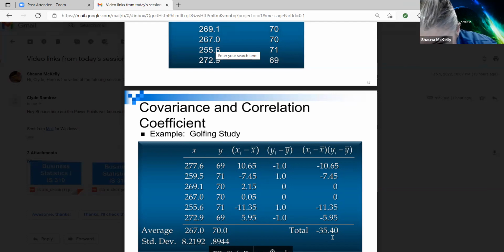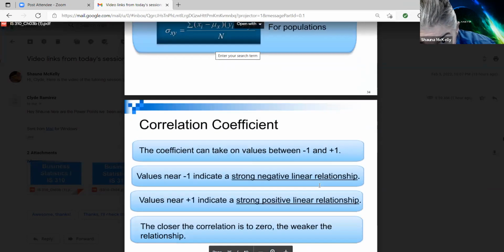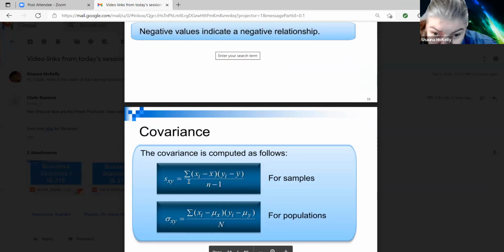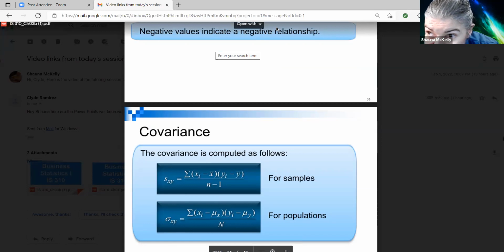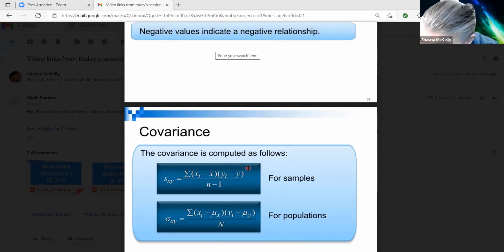Now, if I'm looking for the covariance, let me come back up to this formula here. It says you take the sum, that's this curly Q thing here, of these products.